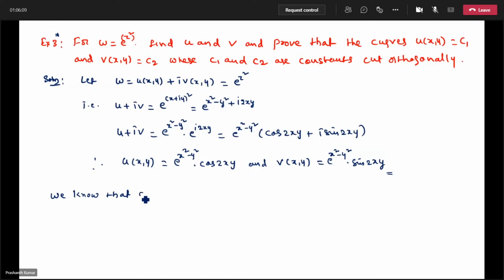from the property, an analytic function of an analytic function is analytic.